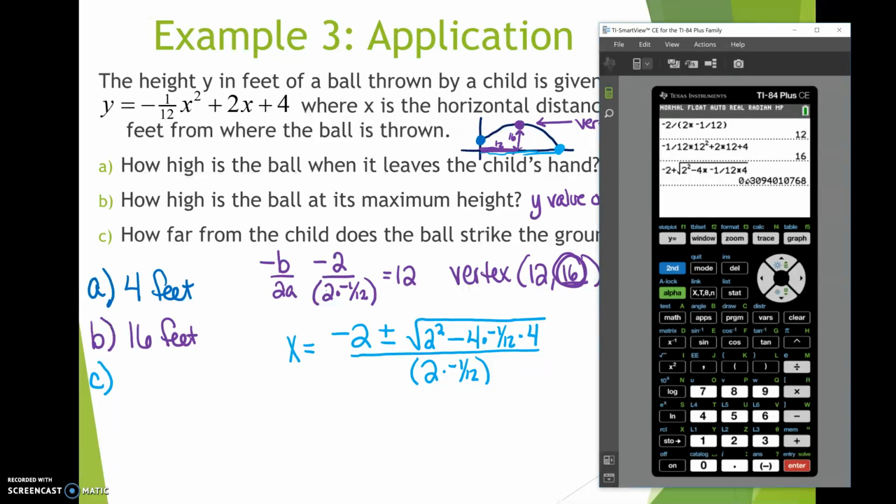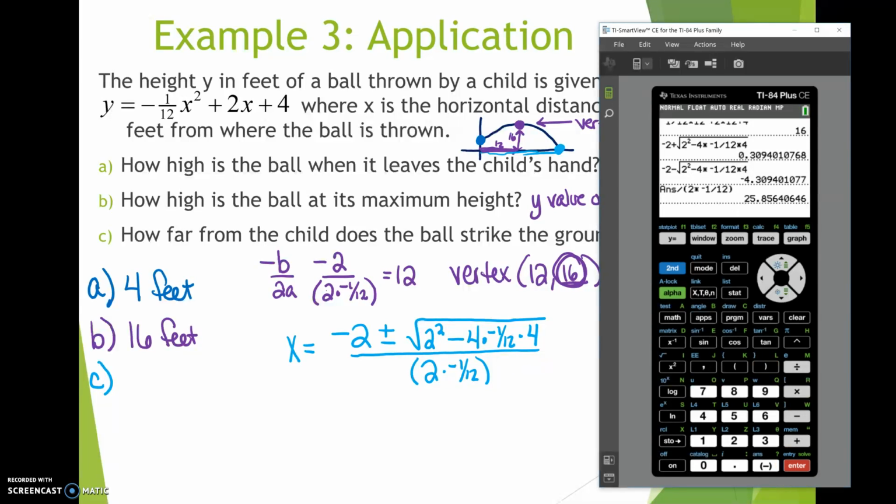Do we want a negative distance as our answer? No, we don't. What if we do it backwards? So we need to do this with plus instead of minus. If you up arrow until that's highlighted and hit enter, it will re-enter it on your screen for you, and then you can arrow over and change that plus to a minus instead of retyping the whole thing. This gives me a negative, so if I do this divided by what the bottom is, which is going to be negative, it will give us our positive answer.